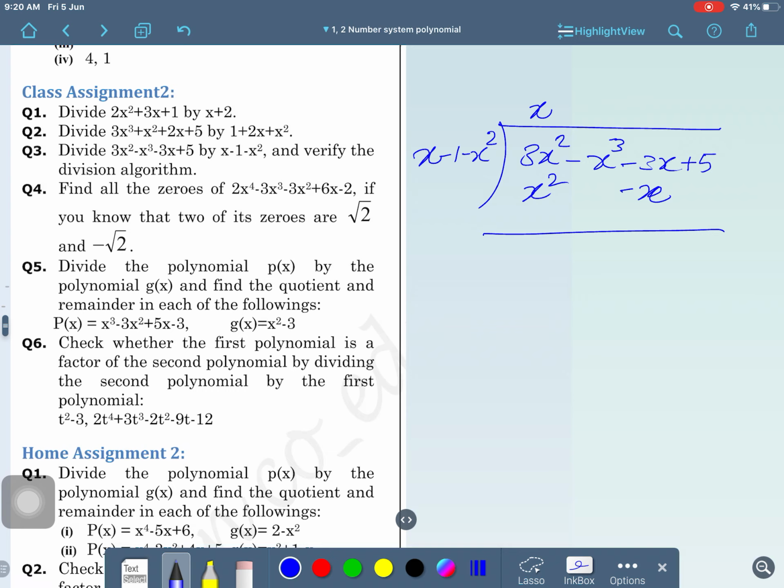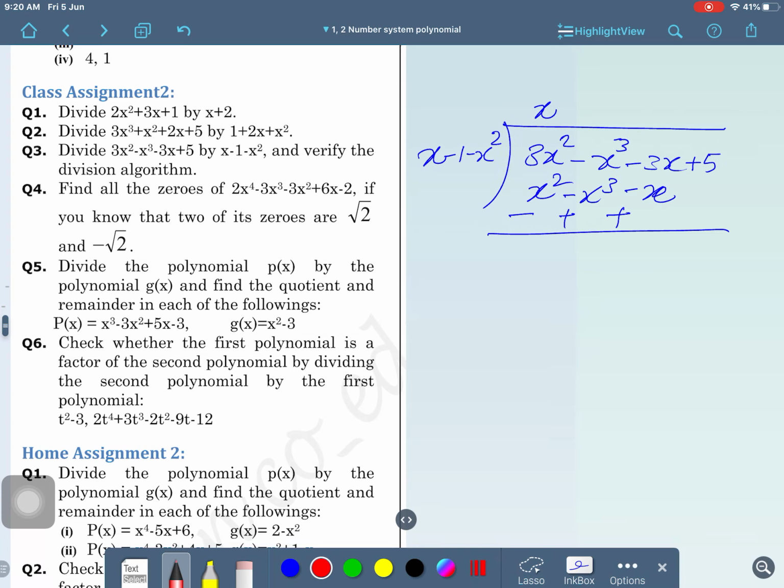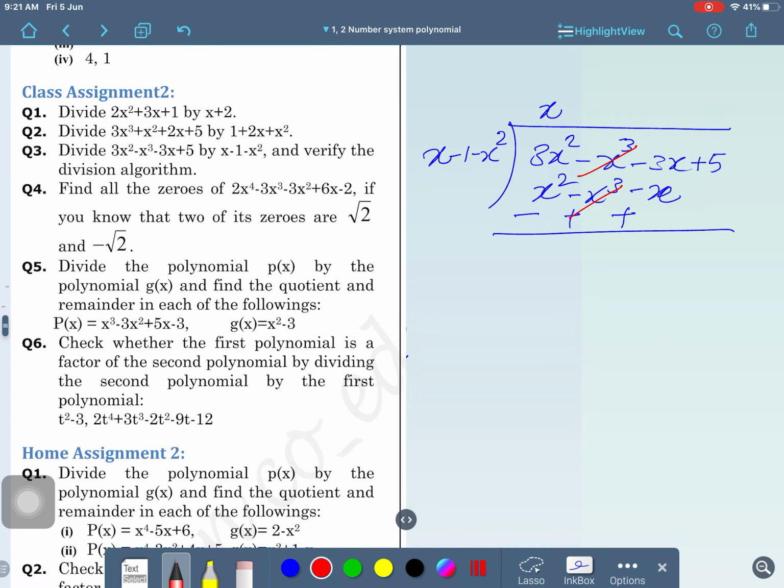Now x into x is x cube, also negative, positive, and positive. What next? This cancels here, same to same, and here we will leave. 3 times x minus 1 times x, 2 times x square is there, and what next is minus 3x plus 1x minus 2x and plus 5 also there.